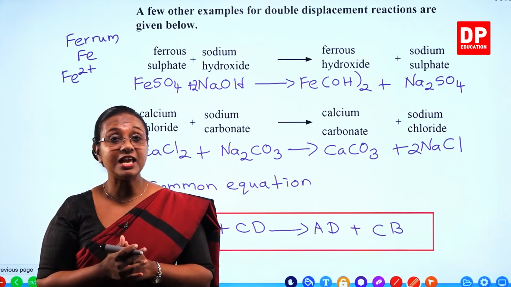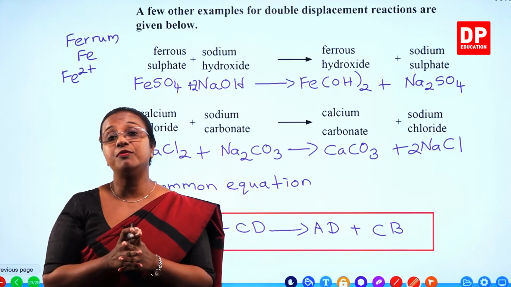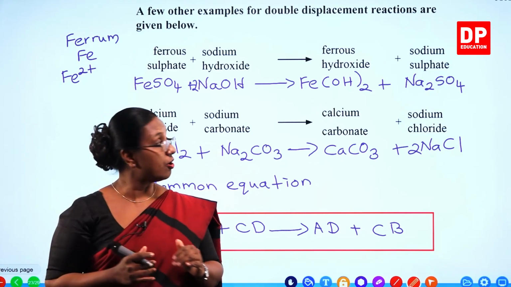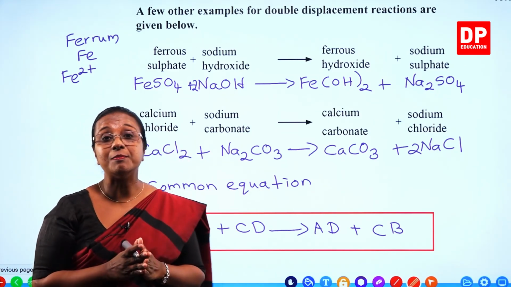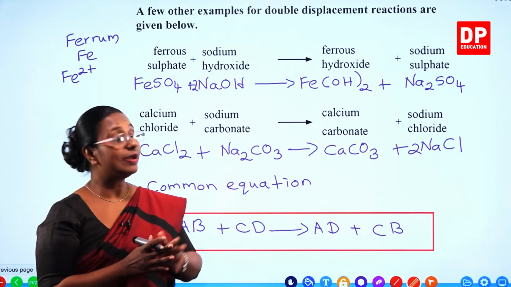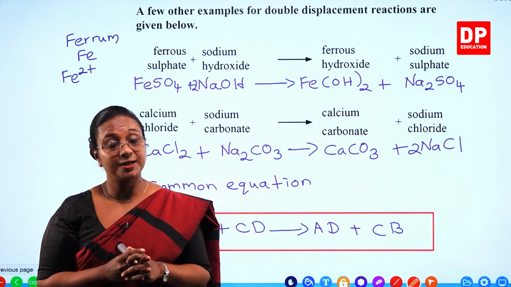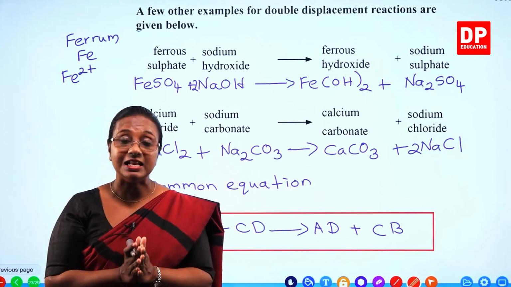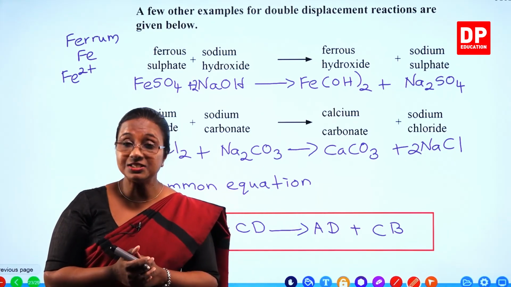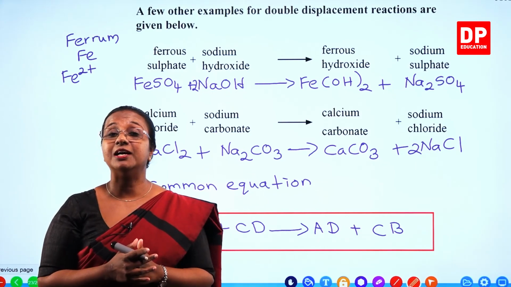If you are given a reaction, you will be able to identify what type of reaction that is, and also you will need to remember all these examples. You should know to write the word equation as well as the balanced chemical equation. So with that, students, I will end this chapter, and in the next chapter I will discuss how we can balance chemical equations.